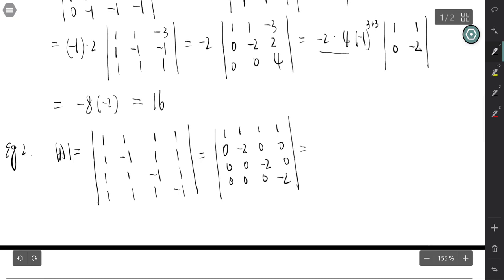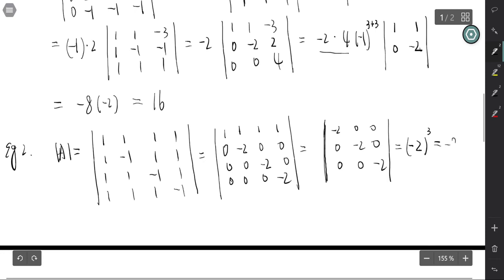Expand by the first row, we have -2, 0, 0, 0, -2, 0, 0, 0, -2. Because this is a diagonal determinant, we just multiply the numbers on the diagonal line.